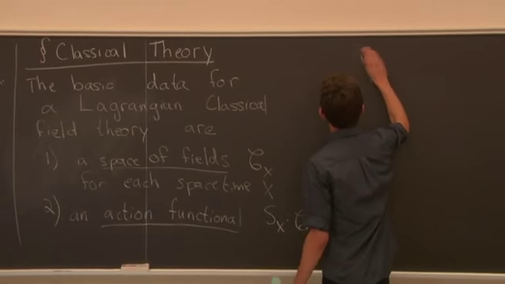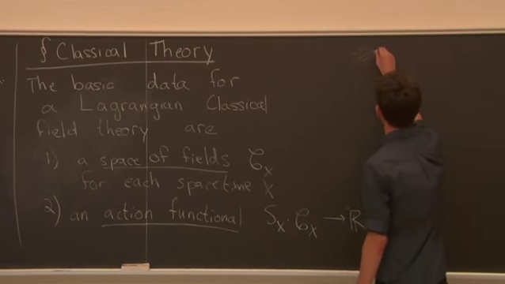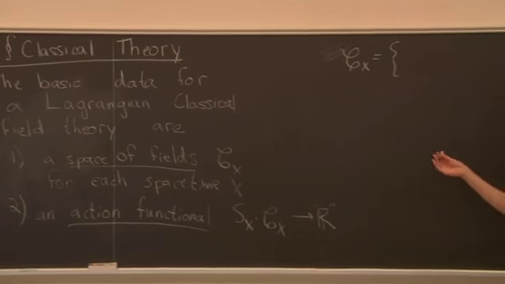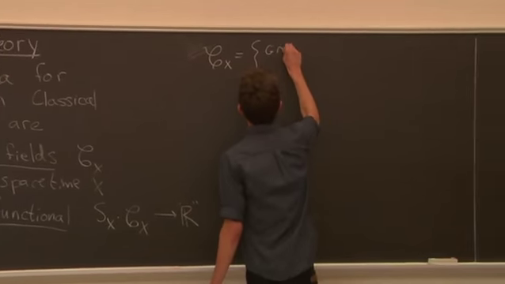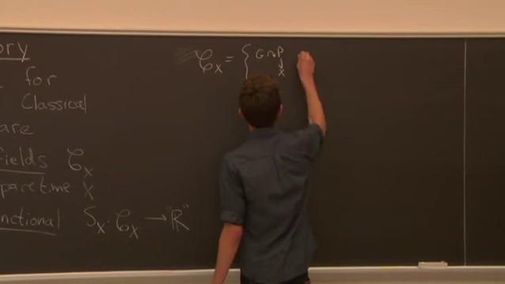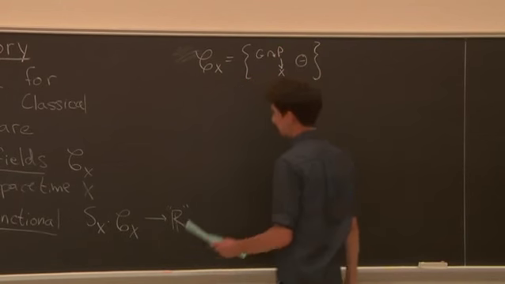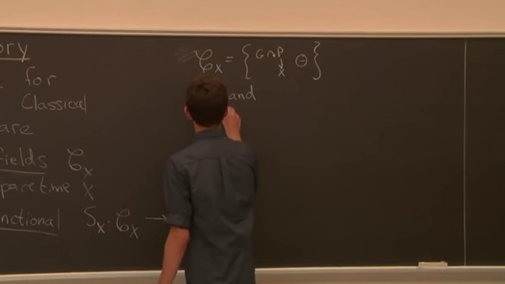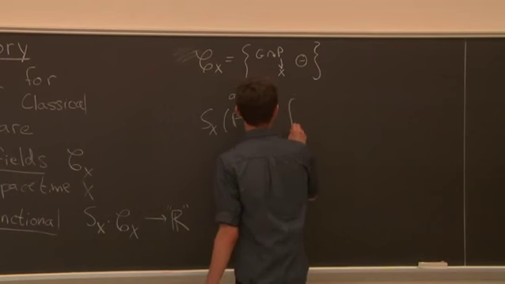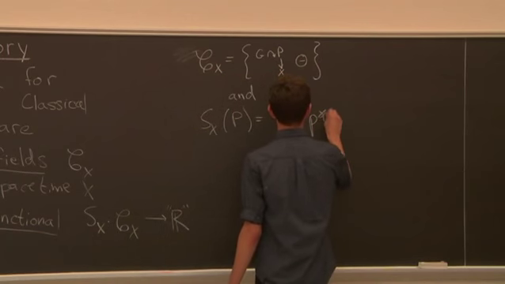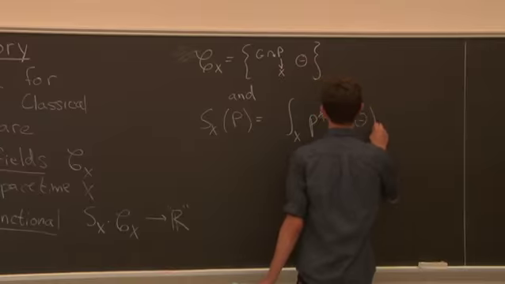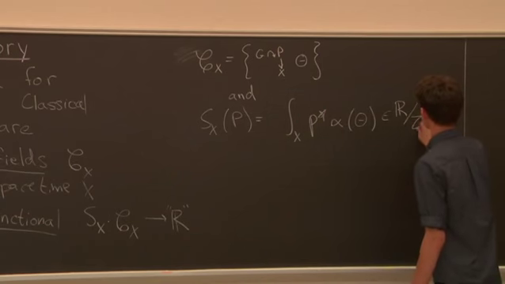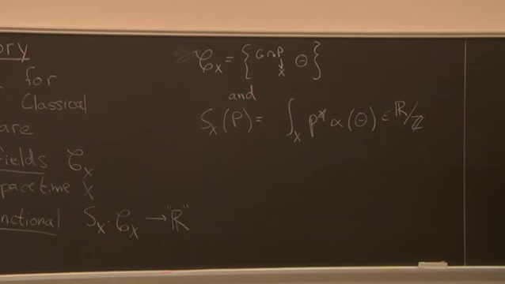So for the classical Chern-Simons we've been talking about for the past couple of weeks, our space of fields has been principal G bundles over X with this extra data of a connection. And the action functional was, well, it was integrating this pullback of the Chern-Simons form that we associated to the connection. And this was, well, I guess, R mod Z valued.